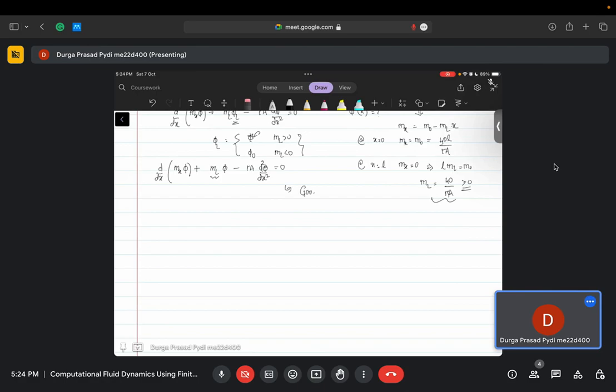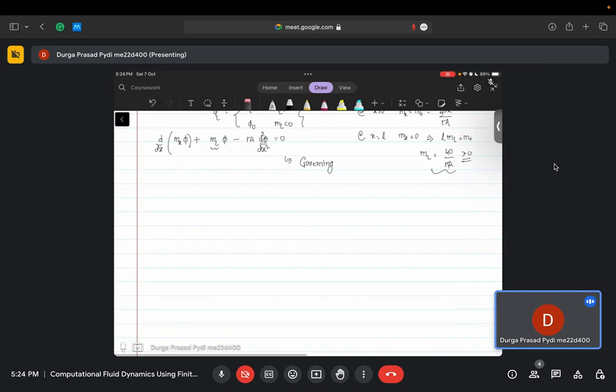We already have the boundary conditions, so now the next step is to discretize this equation. For discretizing the equation, we need to compare it with our standard form. We have our standard form as an advective term equals diffusive term plus some source term.